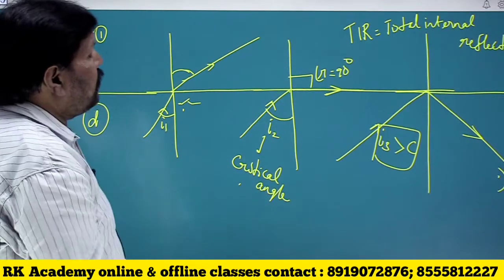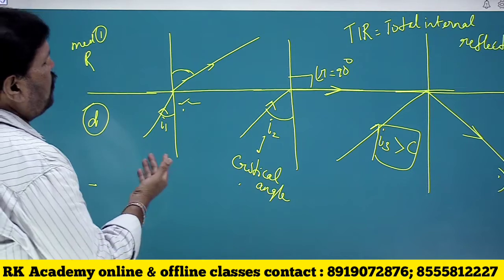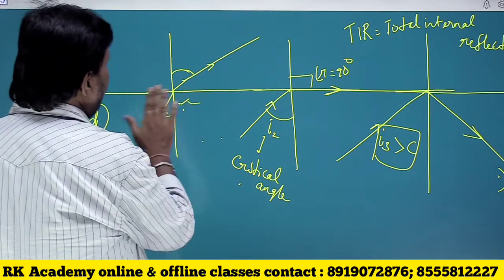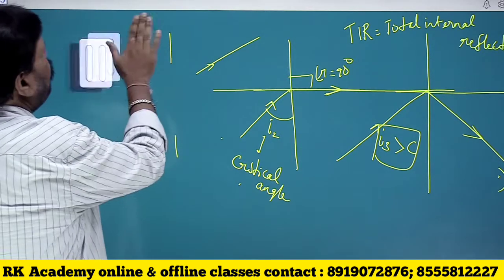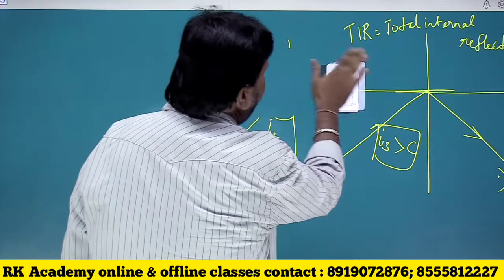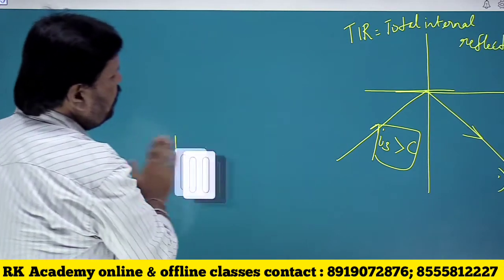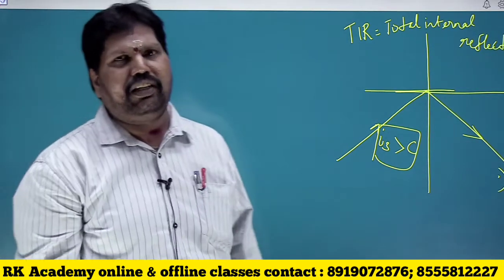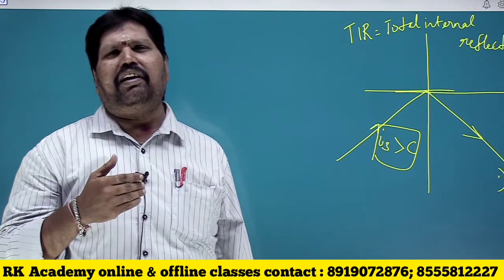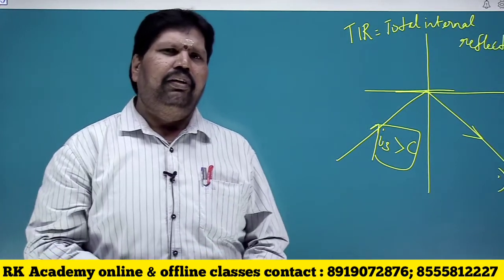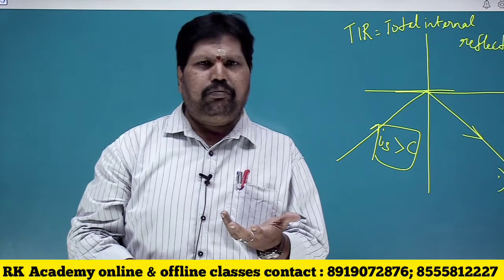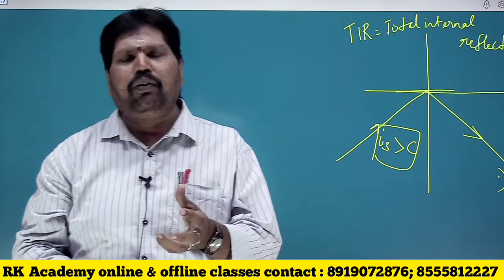Then what is the importance of this total internal reflection? See, sometimes we see that some water is deposited on the road as we are traveling on a fine sunny day. But when we go there, water will not be found.